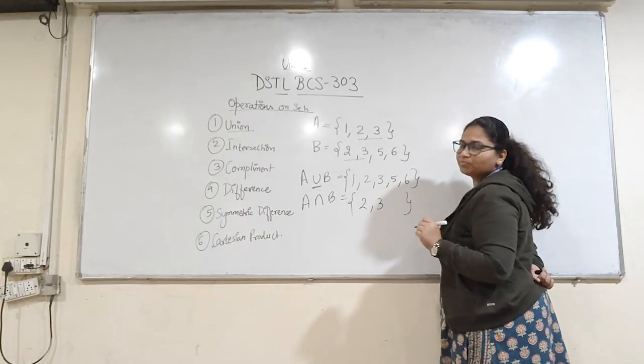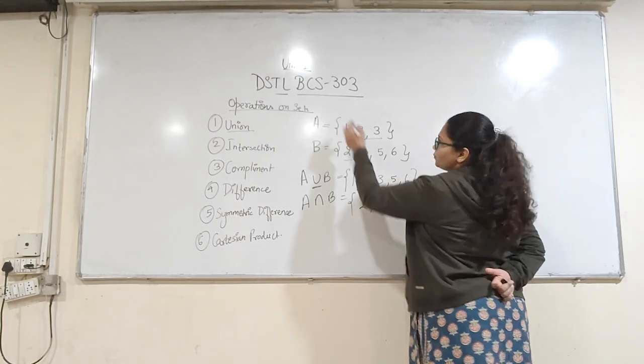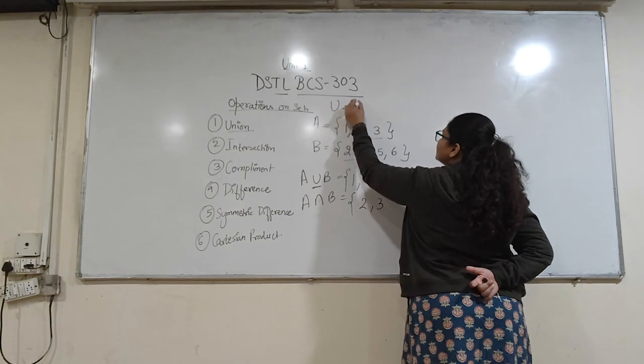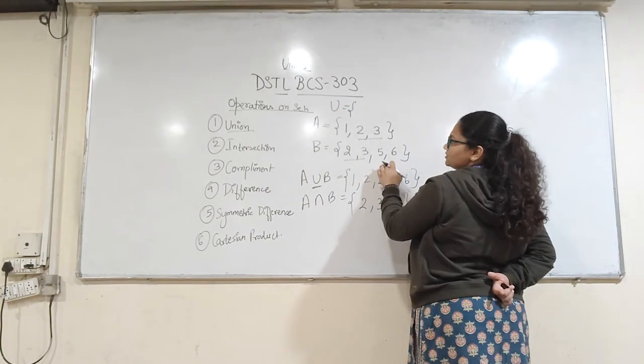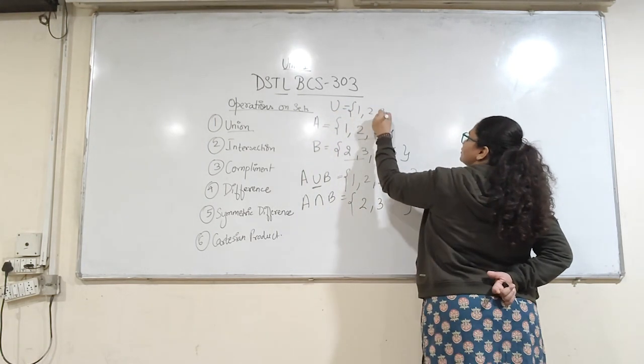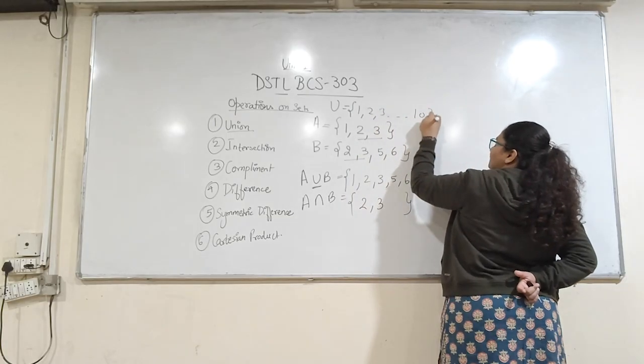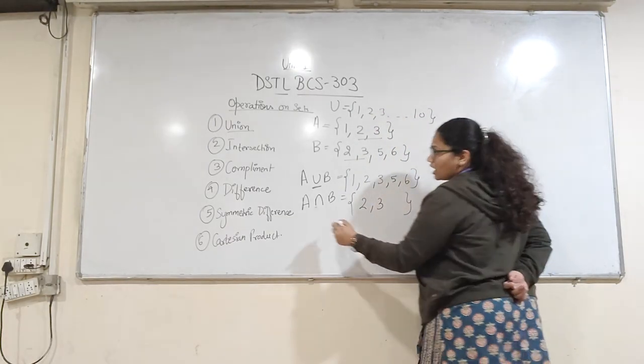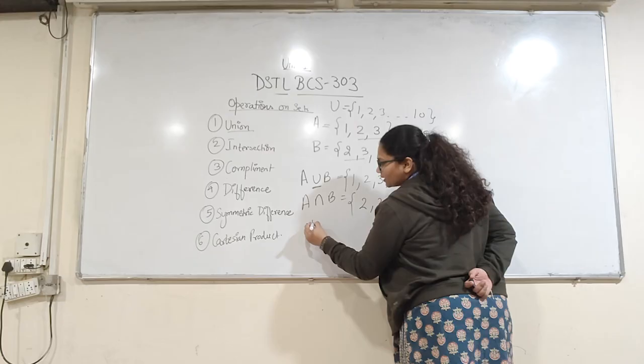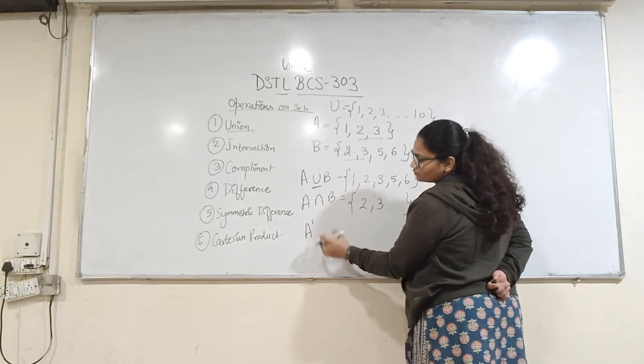Now, the complement of any set. Suppose there is universal set of these two sets, which is number 1 to 10, and I want to write A complement. A complement can be written like this.